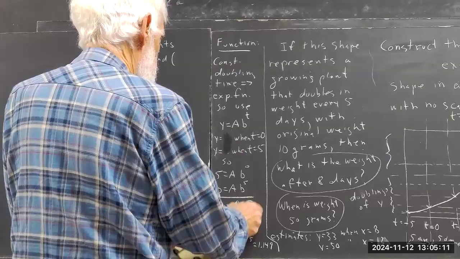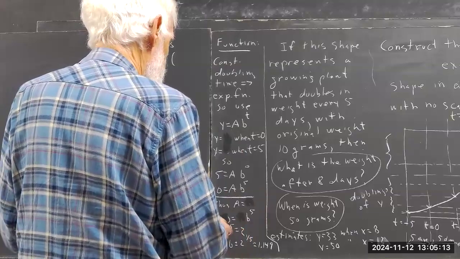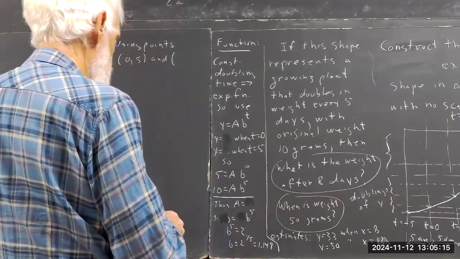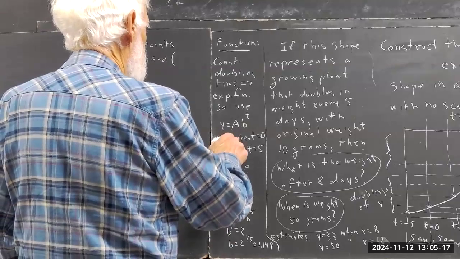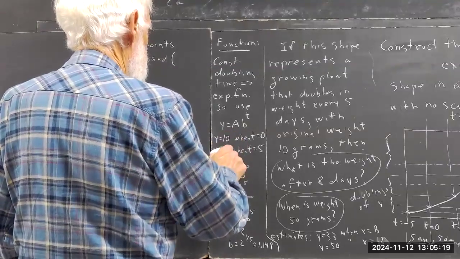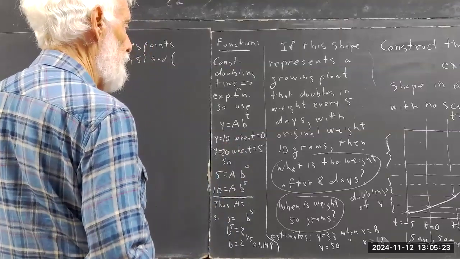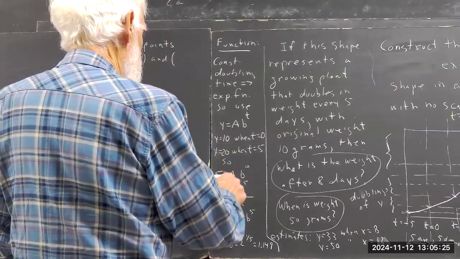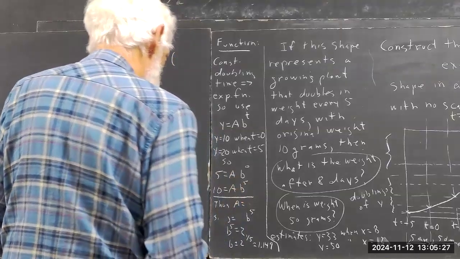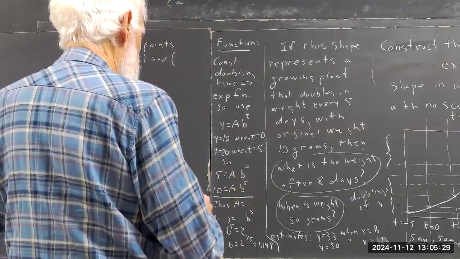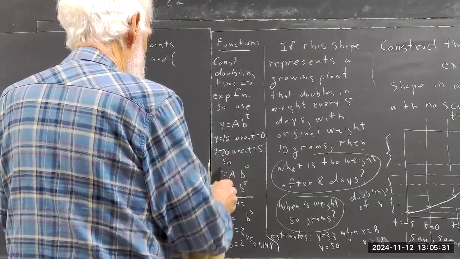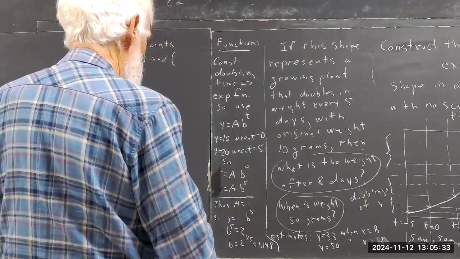Okay, so y equals 10 when t equals 0 and y equals 20 when t equals 5. So my numbers here should have been 10 and 20.